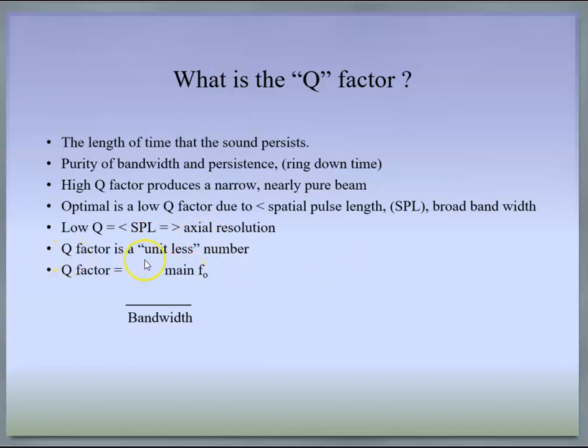Okay, remember the Q factor is a unitless number, and it is simply the main center frequency divided by the bandwidth. My equation didn't come out well here. Let me fix that. So the Q factor is the center frequency divided by the bandwidth.